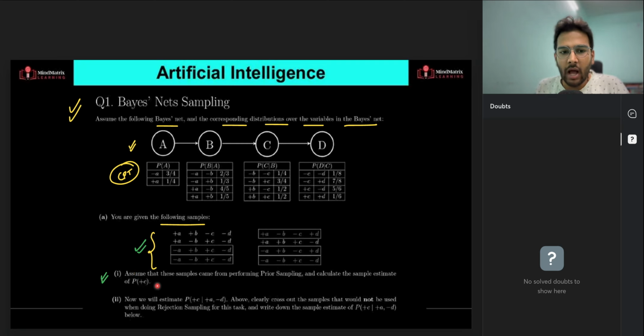First part. Assume that these samples came from performing prior sampling. Now calculate the sample estimate of probability of plus C. Can you answer this? Anyone? I hope you remember what is prior sampling.